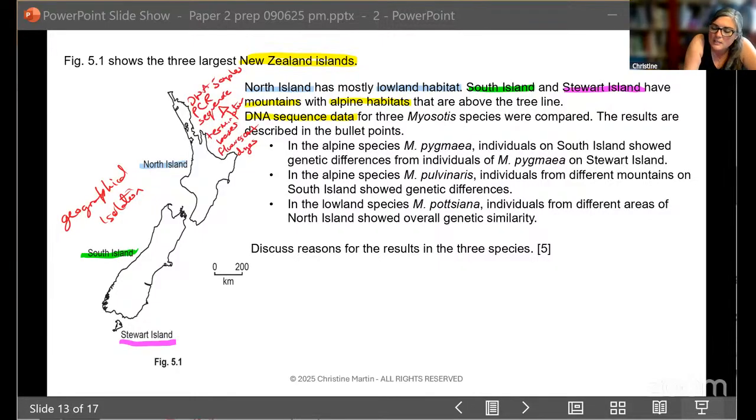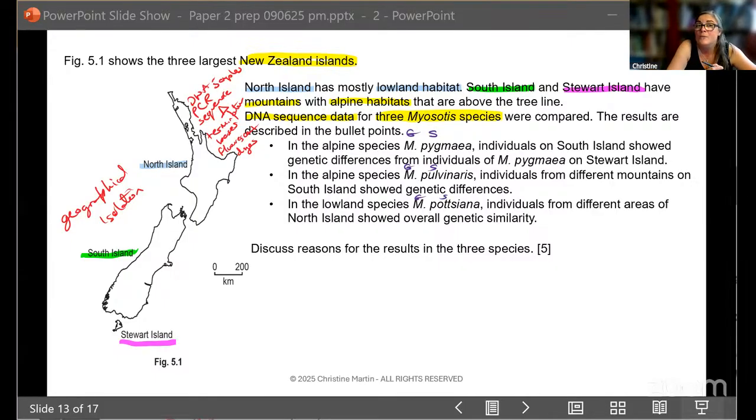We've got 3 species. Interesting. Remember what we have here: there's my genus, there's my species. So they're all within the same genus, but we have different species that are going to be compared. So again, this is classification potentially coming into this question.